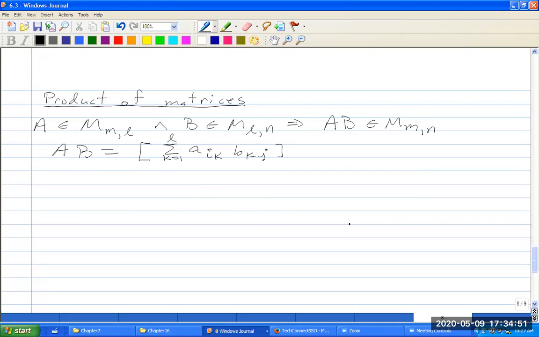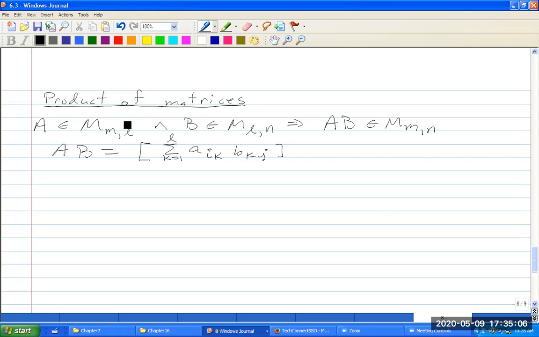Product of matrices. Let A be an M by L matrix. Let B be an L by N matrix. Then A times B is an M by N matrix.